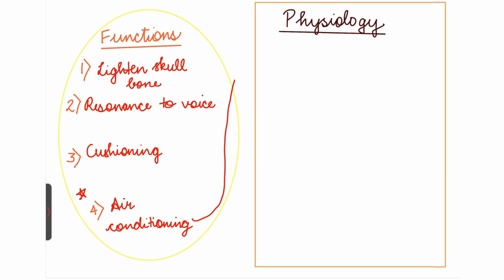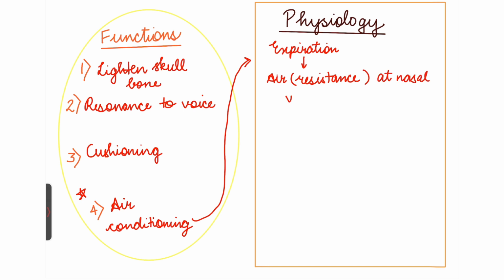Let me explain air conditioning here in physiology. So what happens during expiration is air encounters resistance at the nasal valve area, which is also the narrowest part of the nasal cavity.